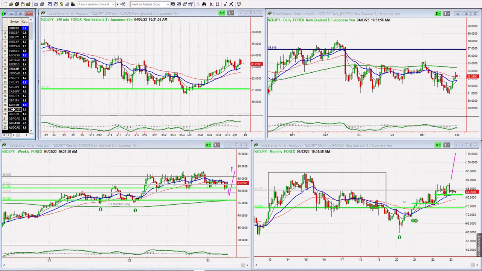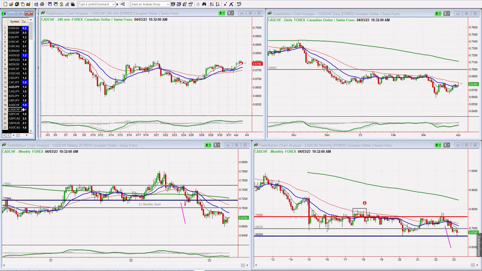Let's go have a look at CAD Swiss. So let's go back to a Swiss pair. The Swissy is very strong as well against the CAD. Here we've got an S1 pattern short, we haven't developed a lot of momentum, we have broken the consolidation low, then it comes back and tests the flat, which is not uncommon, it's kind of a confirmation on the overall way down.